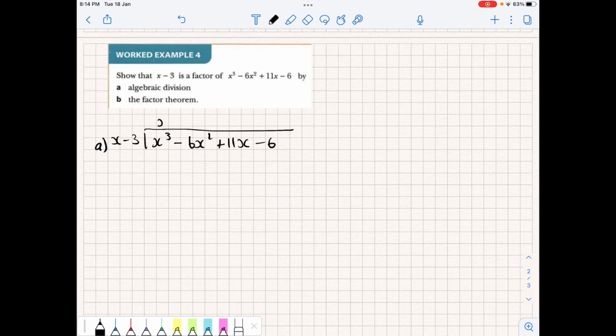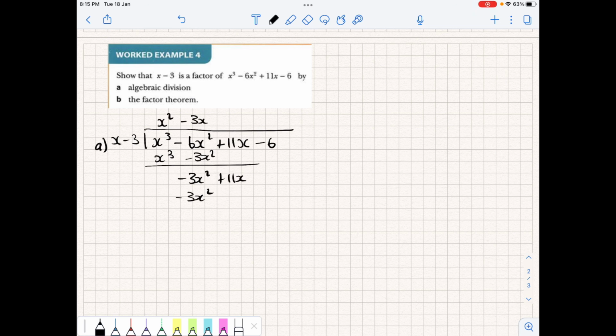And so we'd get x squared, multiply in, so we'd get x cubed minus 3x squared, right? Subtract, so we're going to get minus 6x squared minus minus, which is going to give me minus 3x squared. Bring down the 11x. x goes into minus 3x squared will be minus 3x, multiply through, minus 3x squared.